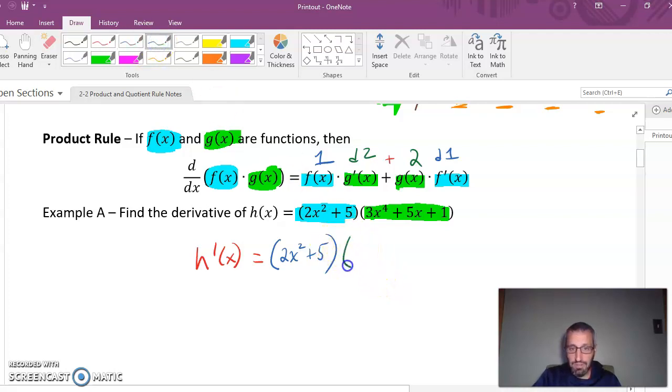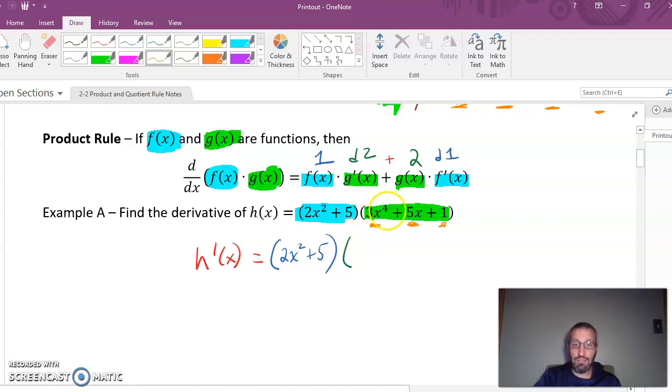Now, d2. Now, we're going to take the derivative of the second function here, 3x to the fourth plus 5x plus 1. Now, that derivative is a thing that's separated by pluses and minus signs, right? Those are individual terms, so I can take the derivative of those individually.